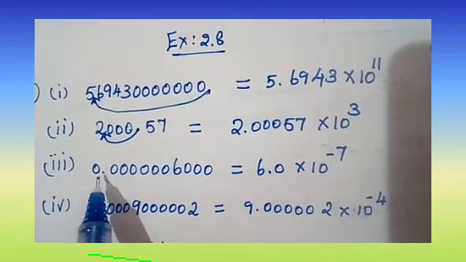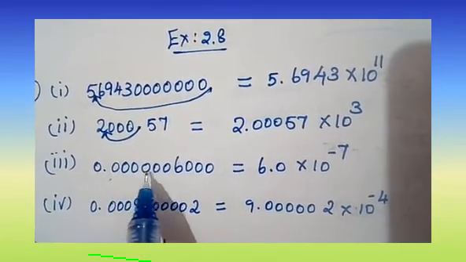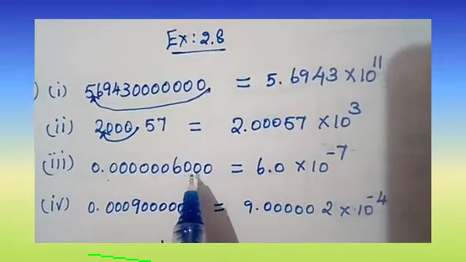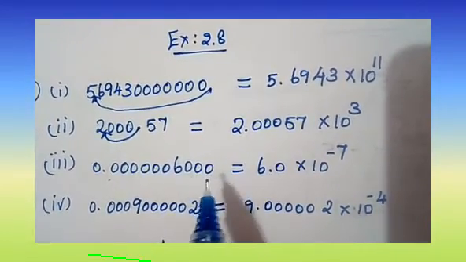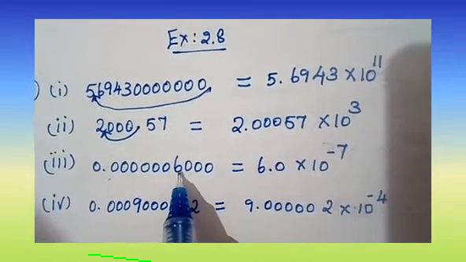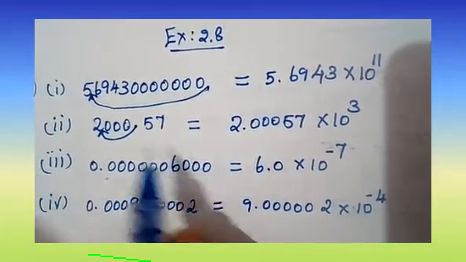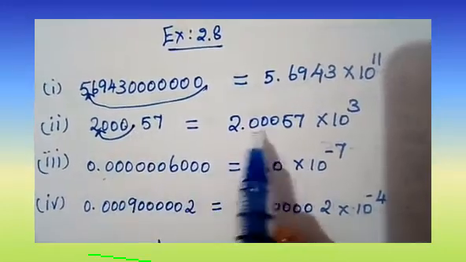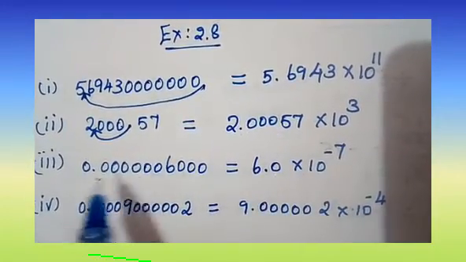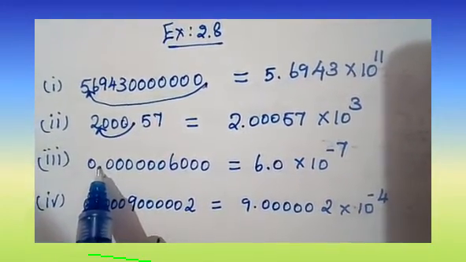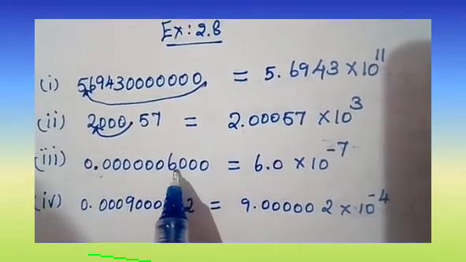Next, the third problem, 0.0000600. The zeros after the number, at the end, have no value, so you do not need them. Zeros in between have a value, so you must write them. The decimal is at the beginning, so this decimal has to move here.